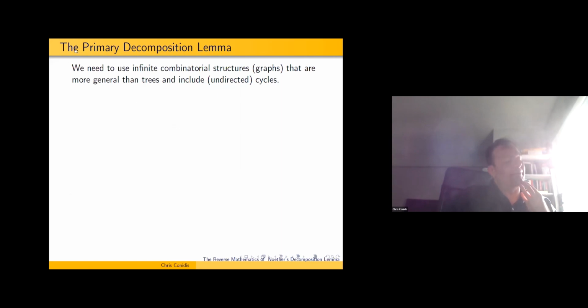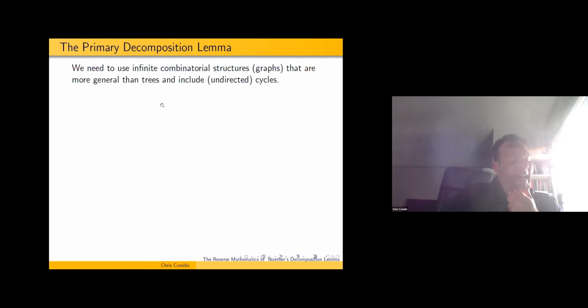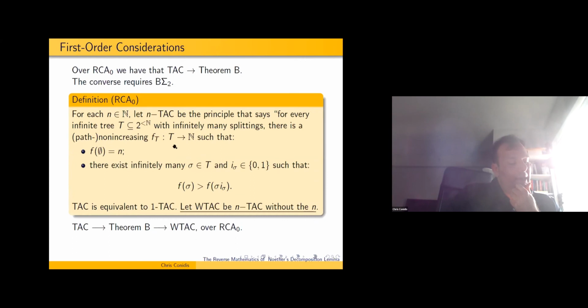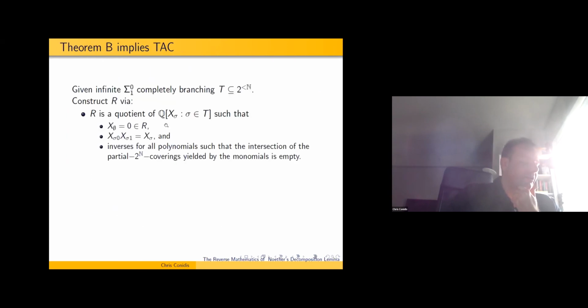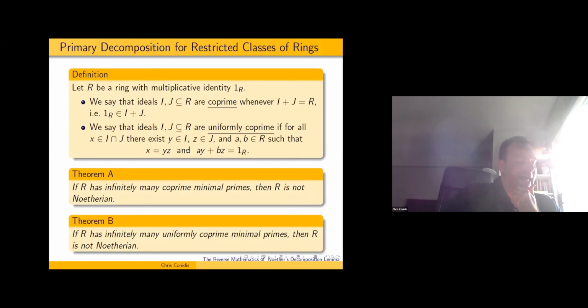But now, after that aside, I want to talk a little more about the primary decomposition lemma. In order to analyze it, we're going to need infinite combinatorial structures that are more general than trees. The reason trees worked out in the previous slides is because of this coprime condition back here.